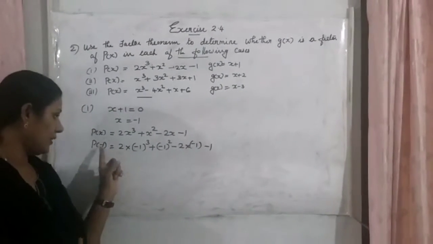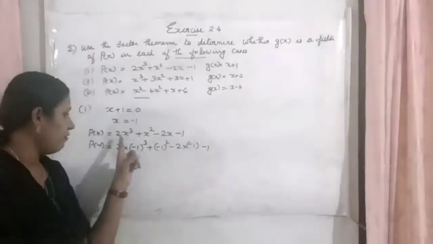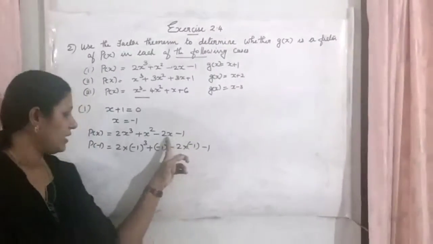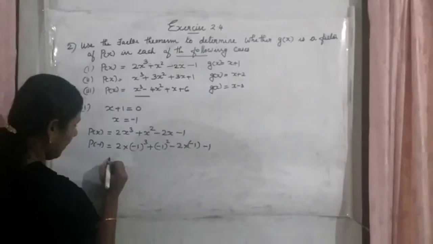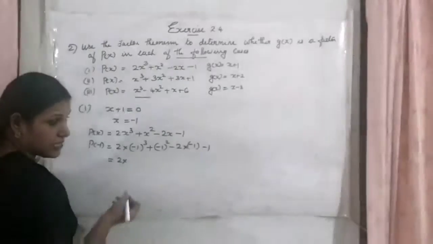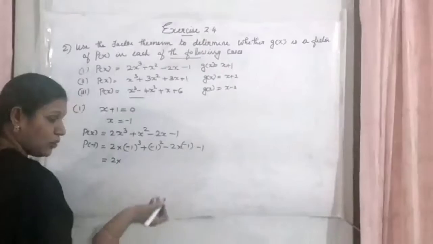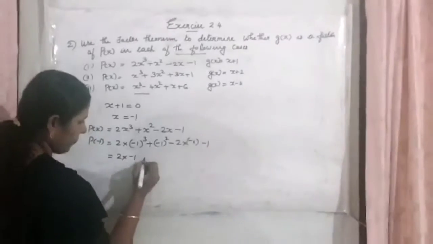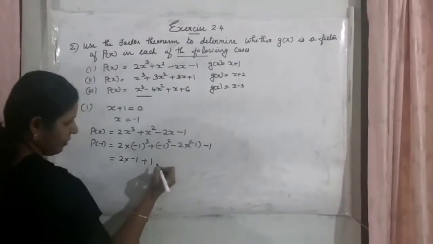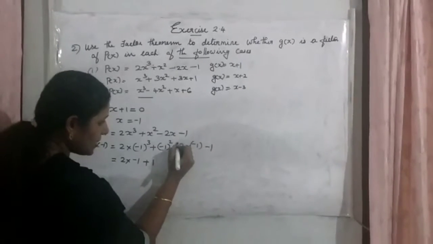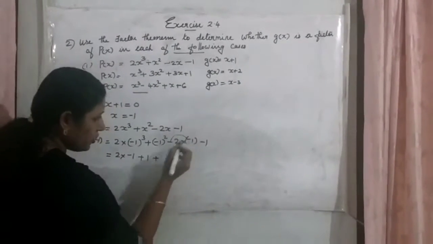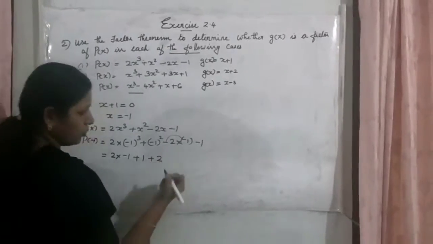We put the value minus 1 everywhere in the polynomial instead of x. Now minus 1 cube is minus 1, plus minus 1 square is 1, and minus into minus is plus, and 2 into 1 is 2.